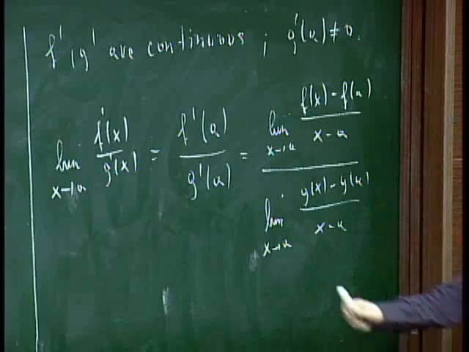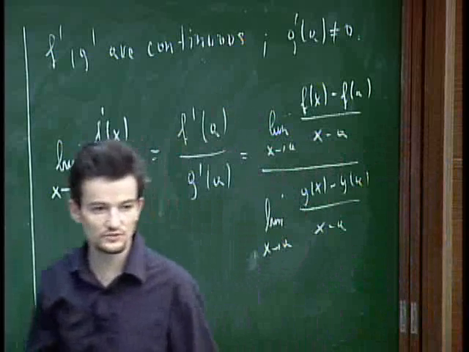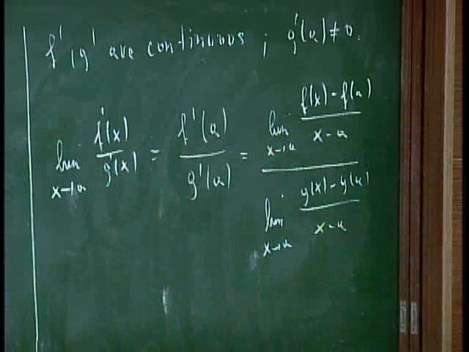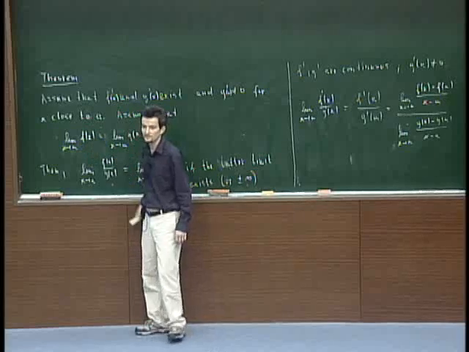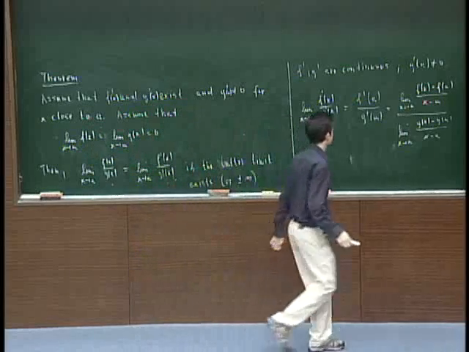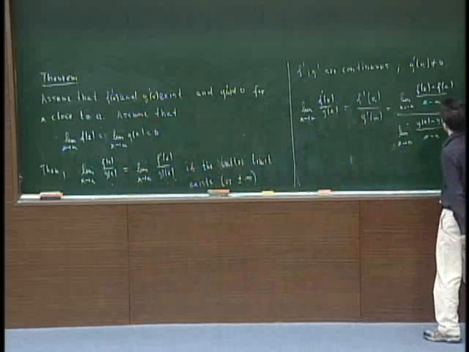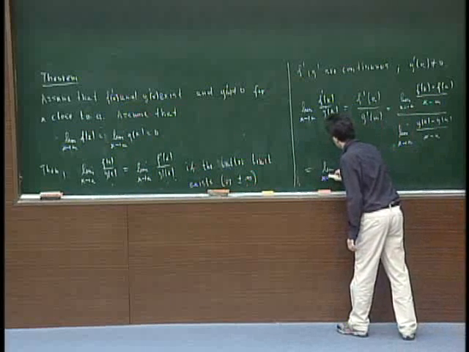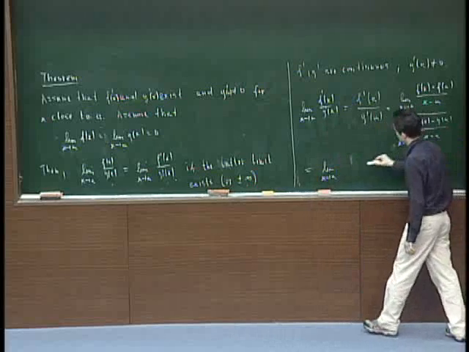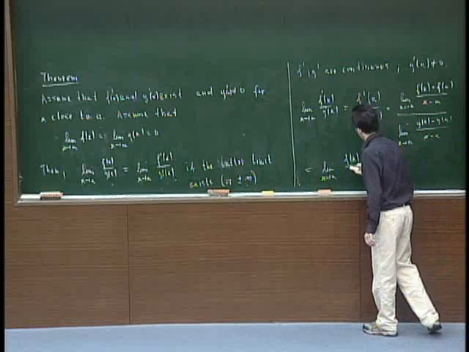But if the derivatives are continuous, f and g are continuous as well, so you can compute this limit by plugging in. So f of a is equal to 0, g of a is equal to 0. So you see that those are equal to 0. So what you get is, you can take out the limits, and the rest is f of x over g of x.